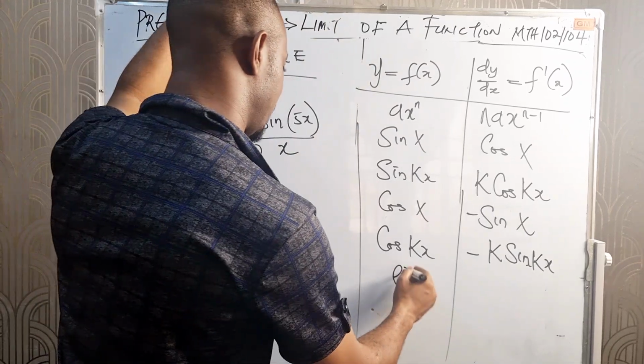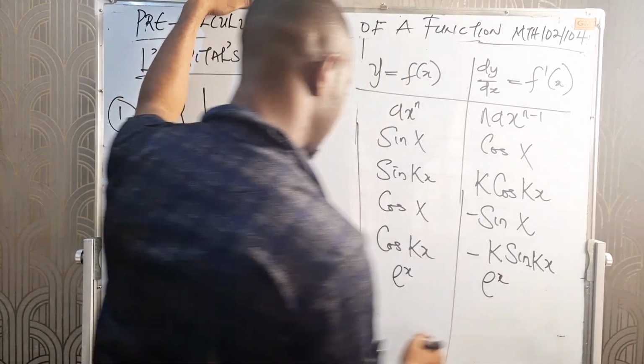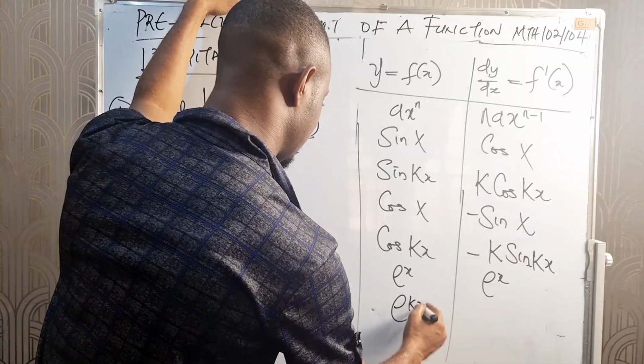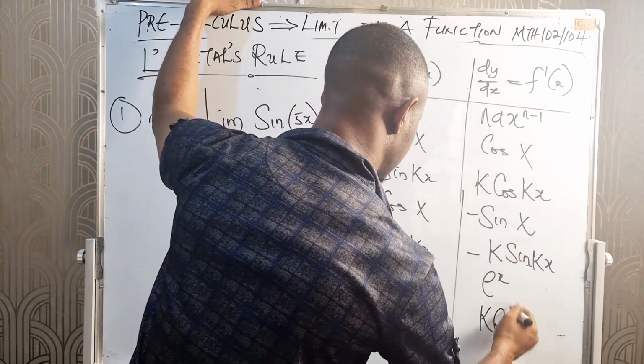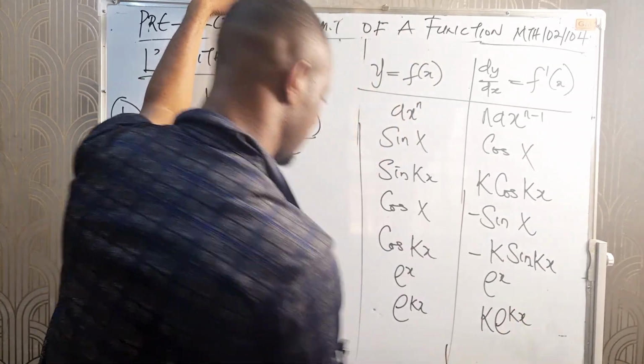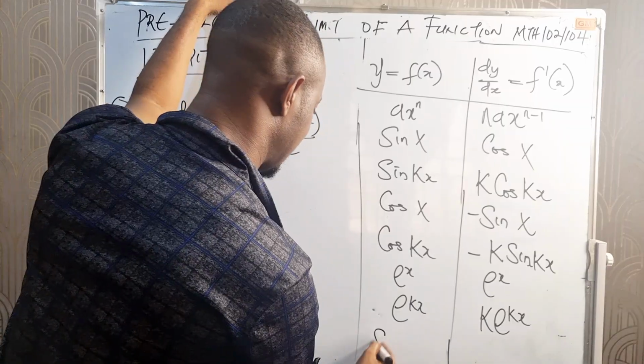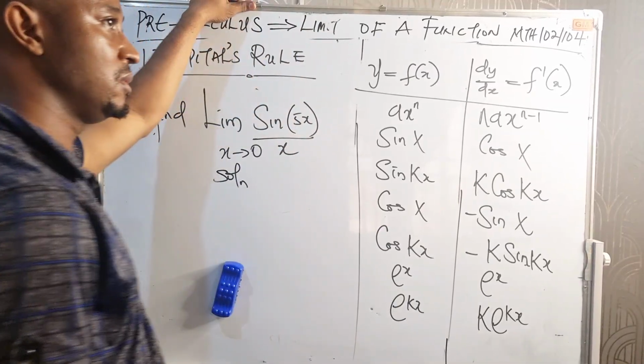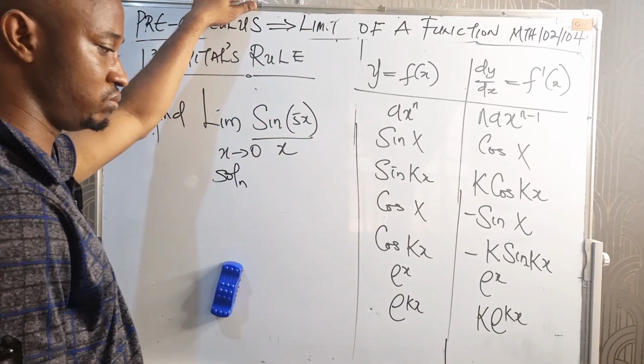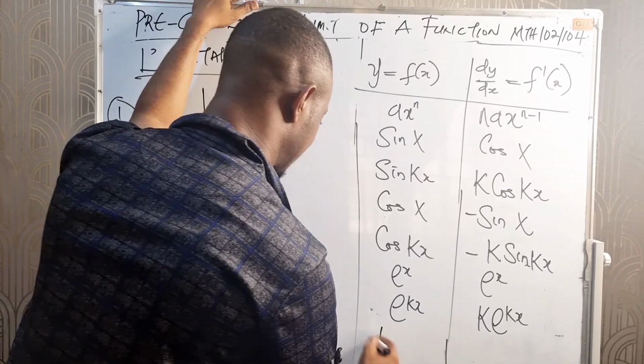When you differentiate exponential x, the result is exponential x. Differentiate exponential kx, the result becomes k exponential kx. Let's see tan x.